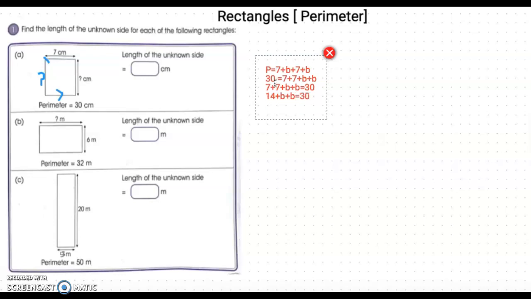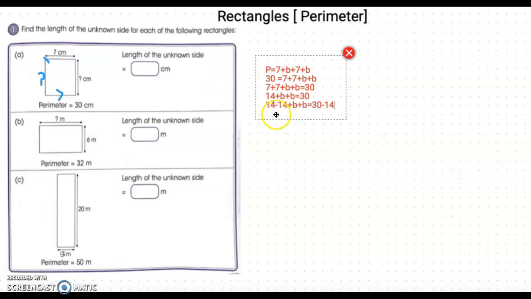Now see, I want to get rid of that 14, so I will subtract 14 from both the sides. So 14 minus 14, plus B plus B, equal to 30 minus 14, right?